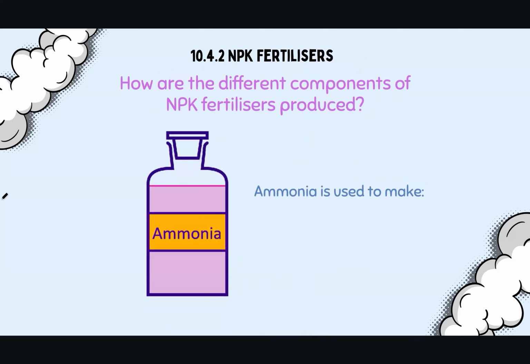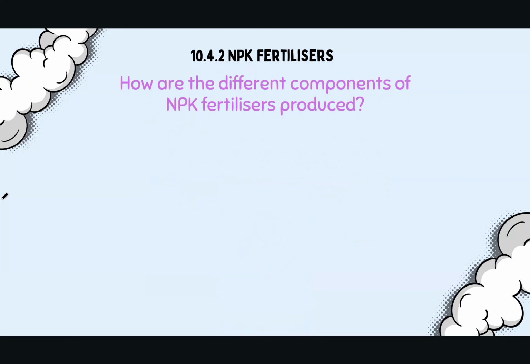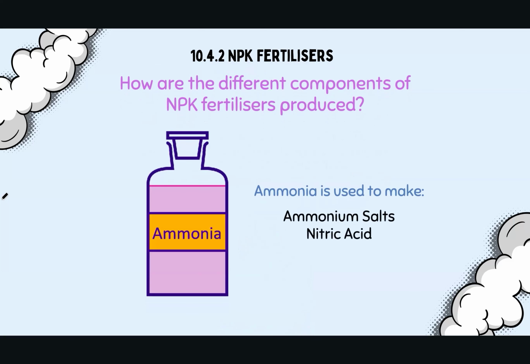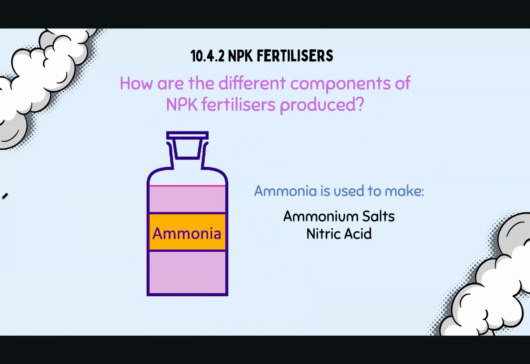So how are they made? Ammonia is used to make ammonium salts. Nitric acid is used to make nitrate salts. Ammonia is NH3, so it can react, for example, with potassium.